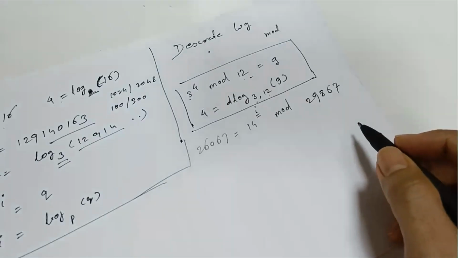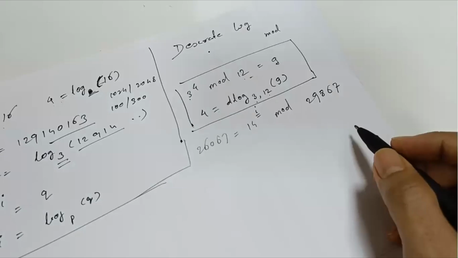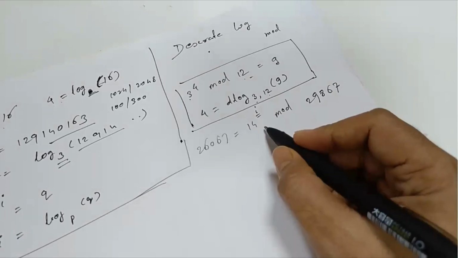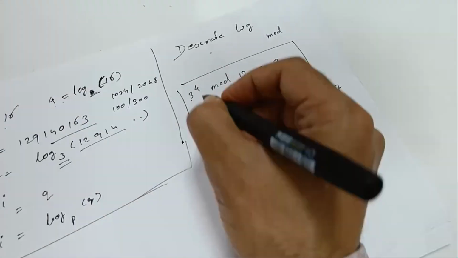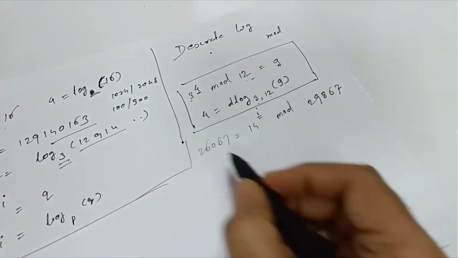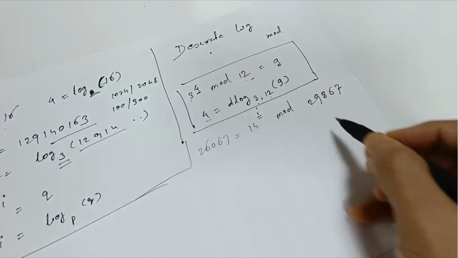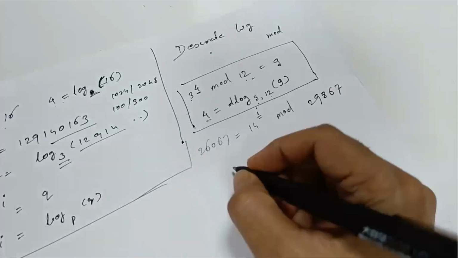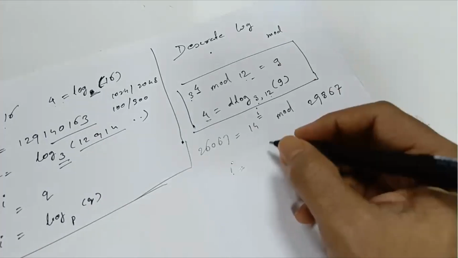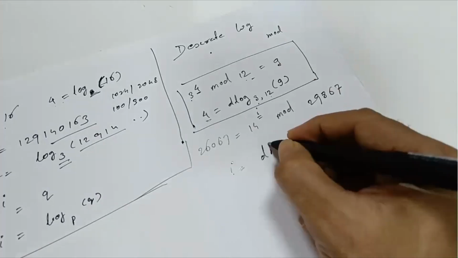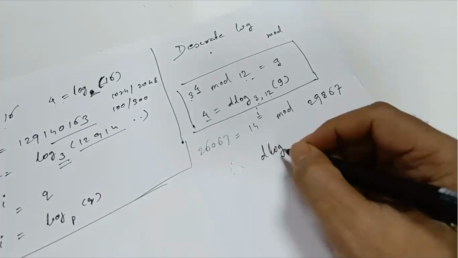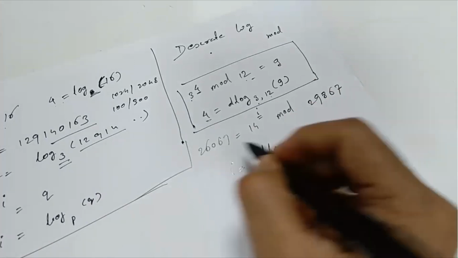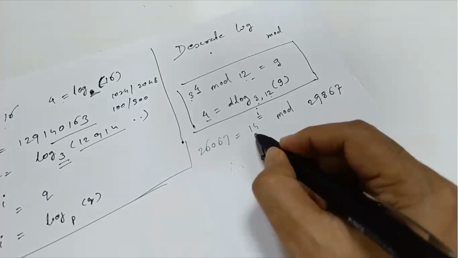Now how do we calculate i here? Here i value is 4, and this is the formula to calculate i. Similarly, we will write this as i equal to discrete log of, can someone find out this one? Discrete log of 14. This has to be the first item.